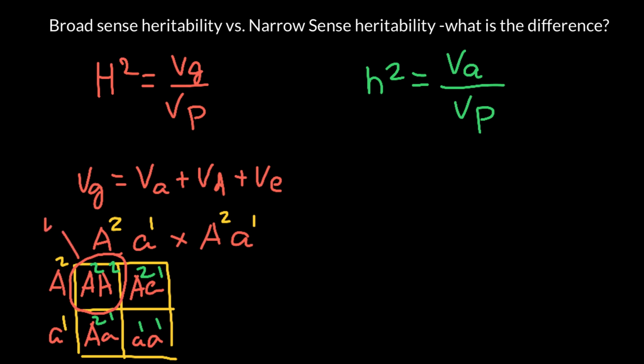This one would make a 4 centimeter plant, this one would produce a plant that is going to be 3 centimeters, and this one would produce a plant that is going to be 2 centimeters. So such traits we call additive traits.